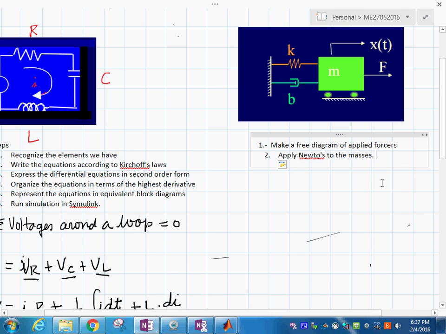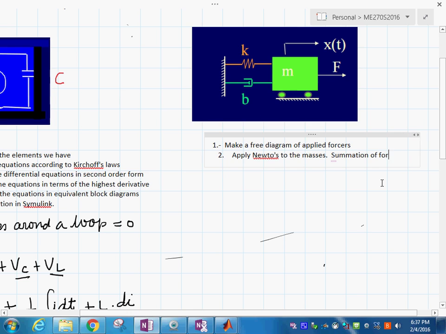Just very briefly, apply Newton's law means the summation of forces equals the rate of change of momentum. Okay, so that's what we're going to do next.